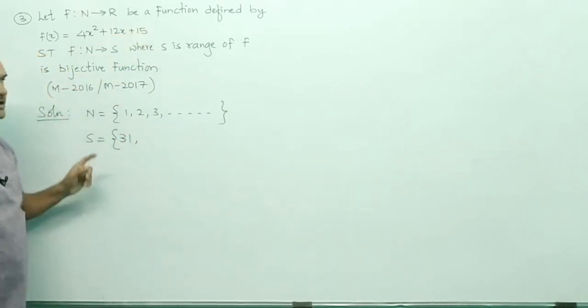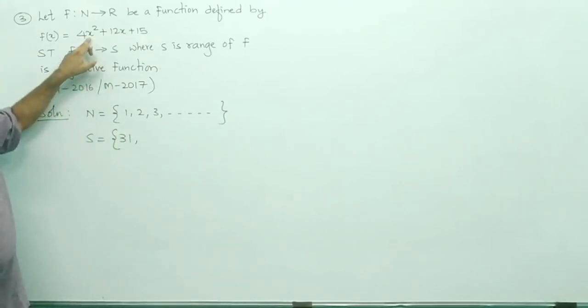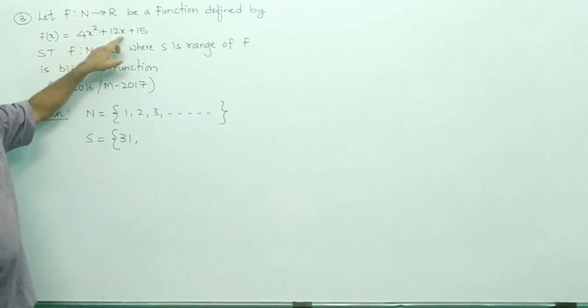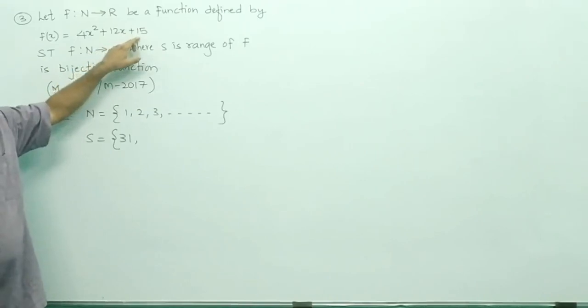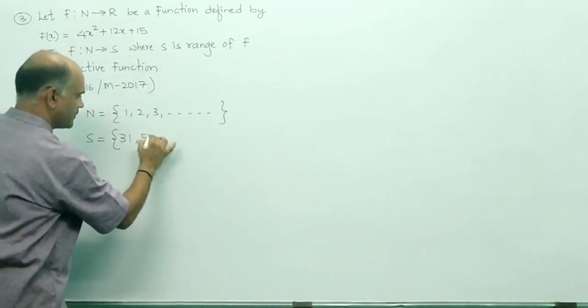So the first term will be 31. If you put x equal to 2, 2 square is 4, 4 fours are 16, 12 twos are 24, 16 plus 24 is 40, 40 plus 15 is 55. So the second term will be 55.